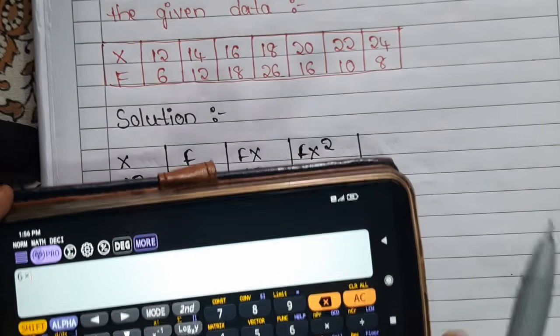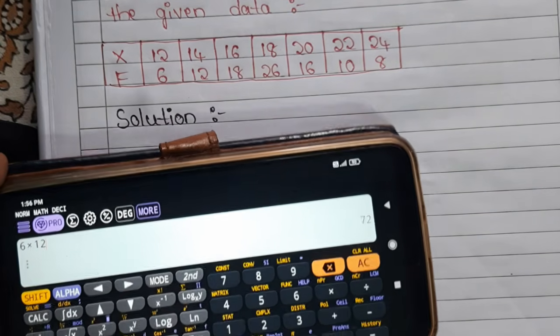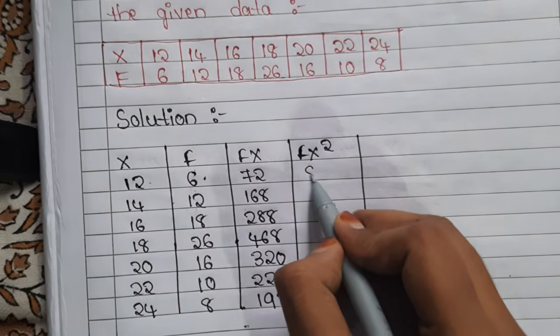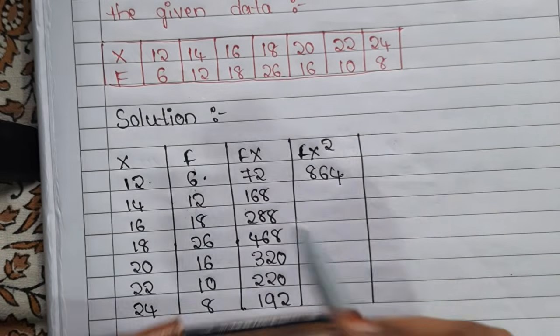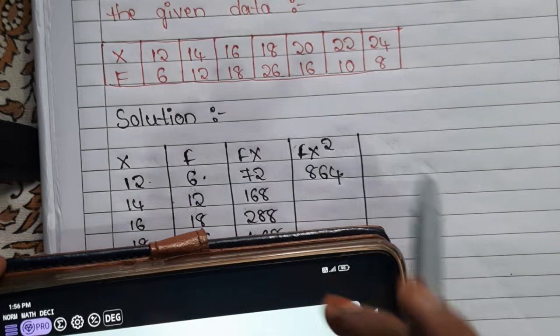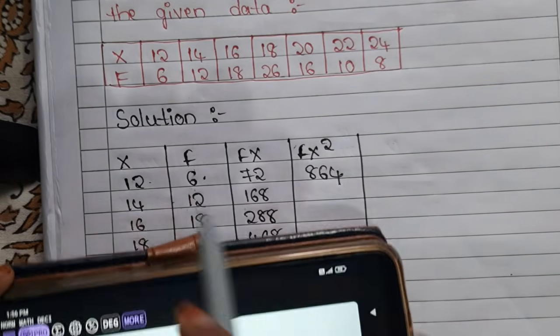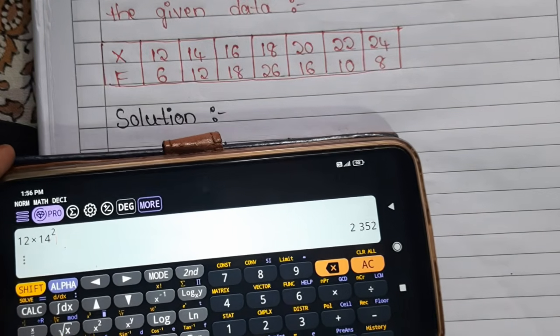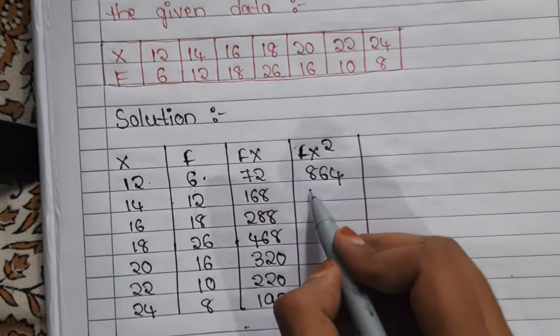How much is x? It is 12. 6 into 12 square. How much did we get? We got 864. 864 will be taken here. Then you take the f value first, because it is f, right? So the f value first, then you multiply it with the x value 14 squared. How much is it? 2352.